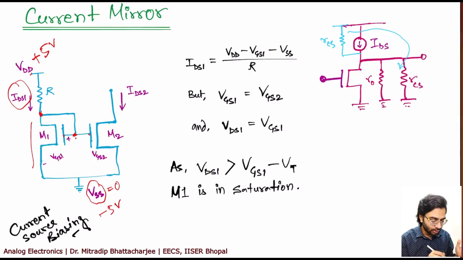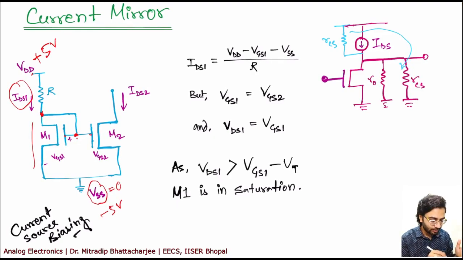However, if it is not 0, then you have to consider VSS. So your IDS1 will be VDD minus VGS1, that is this one, minus VSS. In this case, VSS is 0, divided by R. This is your IDS1 value.